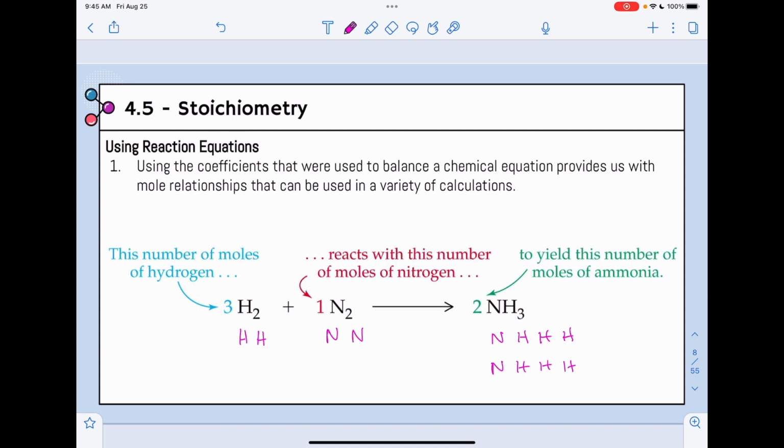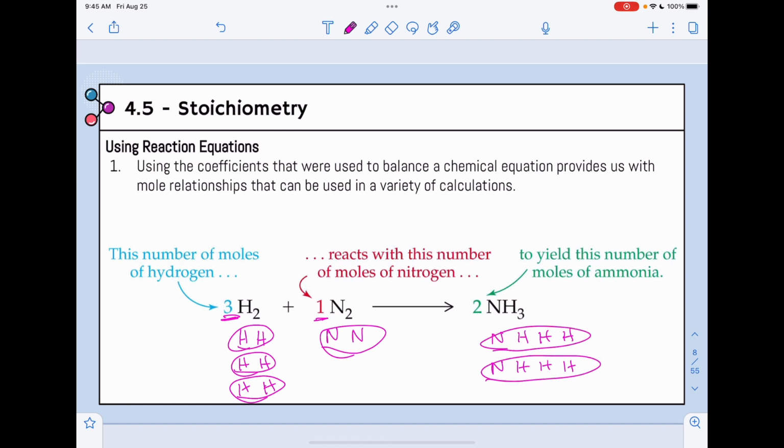Well, we can't just randomly lose 4 hydrogens, so instead of having 2 hydrogens, we really have 6 to start with. So since we have 1, 2, 3 hydrogen molecules, we put a 3 as its coefficient. We have 1 nitrogen molecule, so we have 1 as its coefficient. And we have 2 ammonia molecules, so we have a 2 as its coefficient.